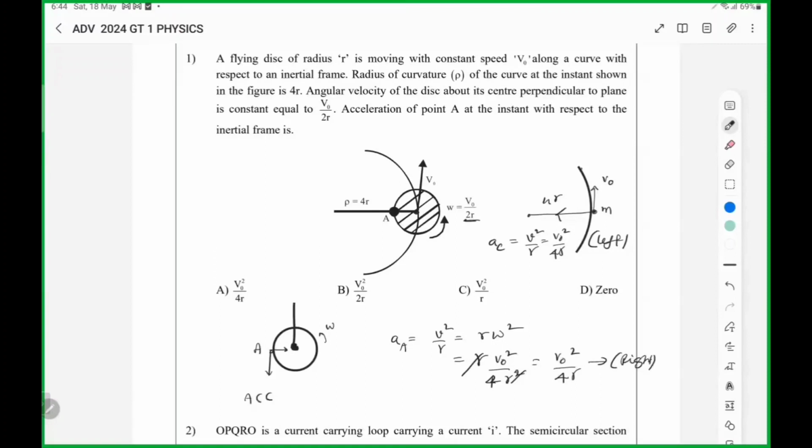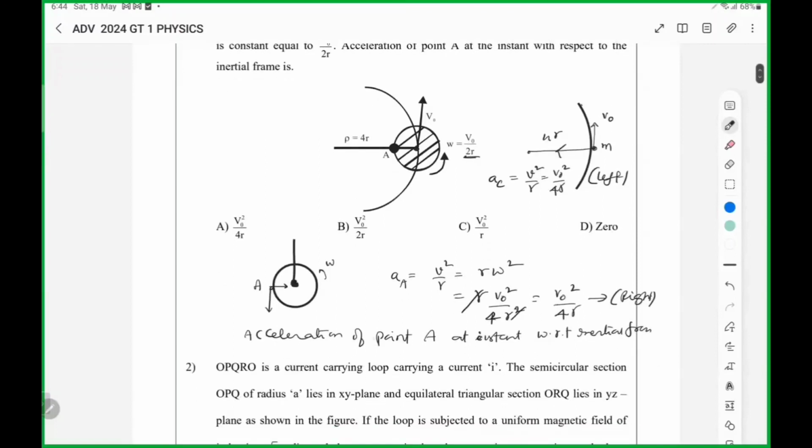So acceleration of point A at that instant with respect to inertial frame. One is due to self-rotation about its axis, that is v naught squared by 4r towards right.